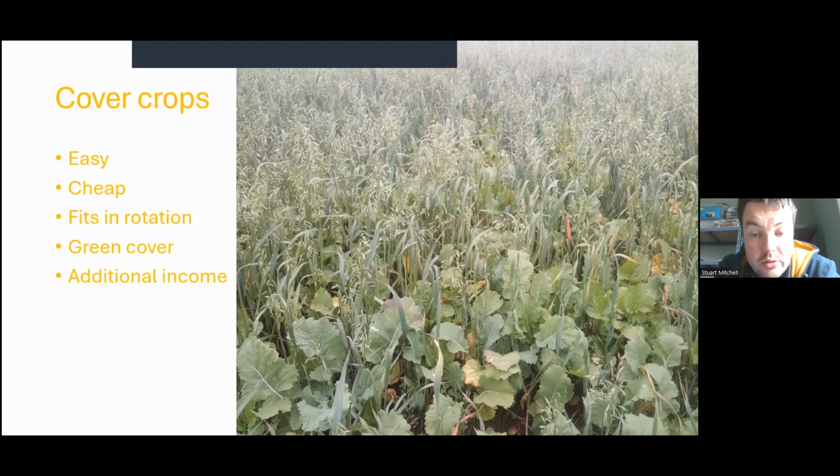You also get the income off the grazing that the livestock farm will have put on, and you also get the dung out of those animals as well. So it can work, and it can just give you a break on that field for a year, just a different part of your rotation.